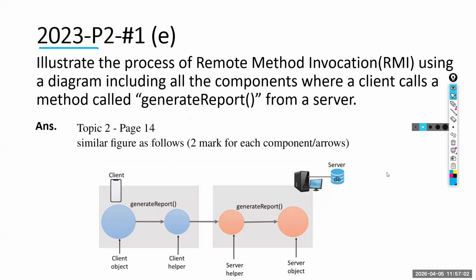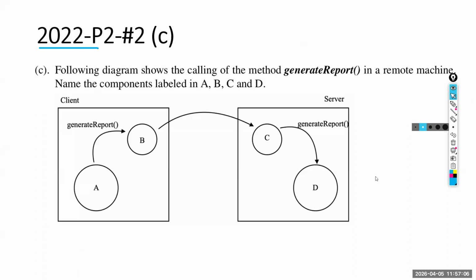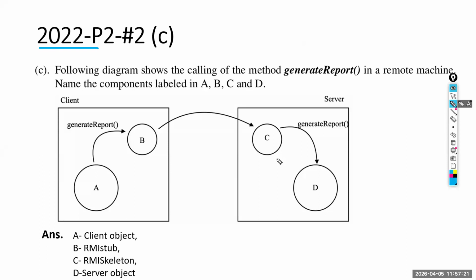So you should get the marks as long as you use standard terminology, right? Right. So therefore it's RMI stub or client stub. Here, now here you can see examiner uses skeleton, right? Or RMI skeleton or server skeleton. Or sometimes we can use server stub. So then of course your server object or the server. Okay.